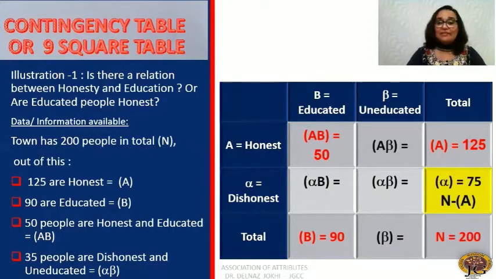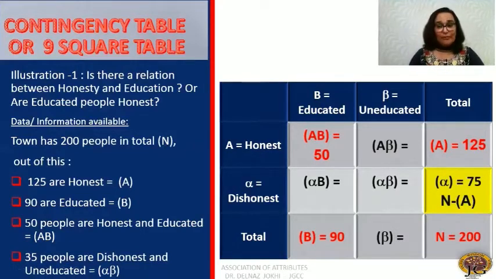Alpha is equal to 75. Now where did 75 come from? How many people were there in total? 200 people were there. Very good. You want to find out alpha, and alpha is related to A. Out of these 200 total, 125 are honest people.